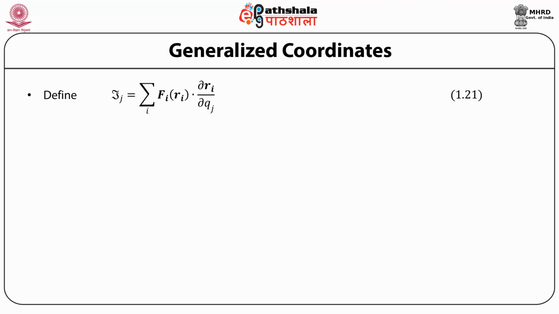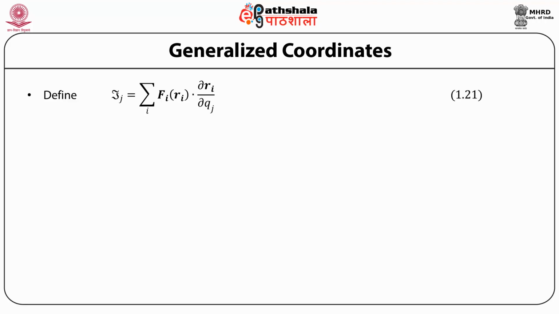So we can define a generalized force acting on the jth generalized coordinate as the sum of the vector Fi, that is the force acting on the ith particle, dotted with the variation of the ith particle position with respect to the jth generalized coordinate.